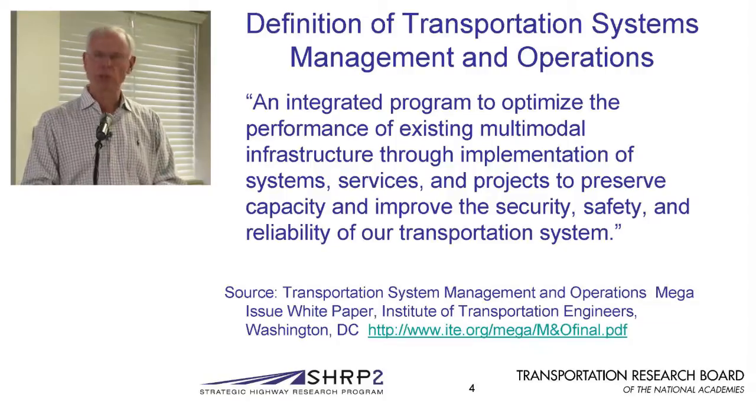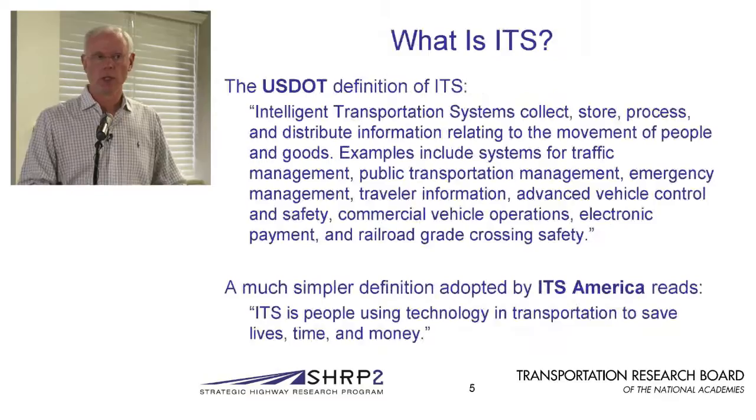On the other hand, when we talk about intelligent transportation systems, we're really talking about a component, if you will, of TSM&O. So ITS, Intelligent Transportation Systems, are really the technology and the systems that are used in TSM&O to accomplish all these good things that we're trying to do for the traveling public.